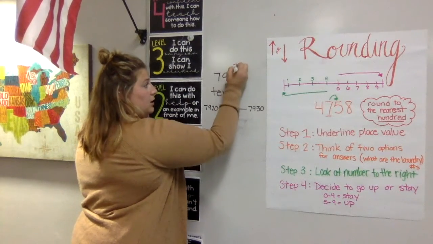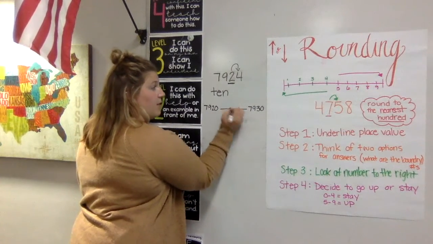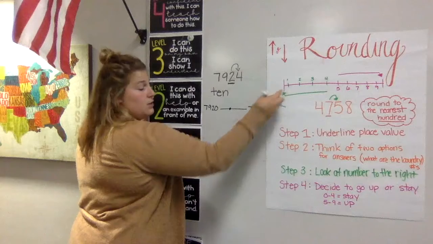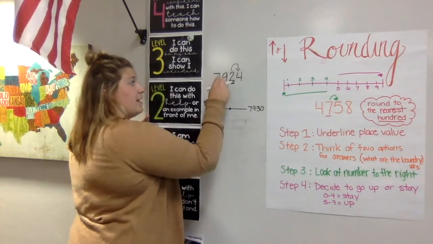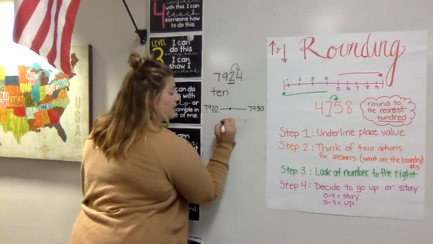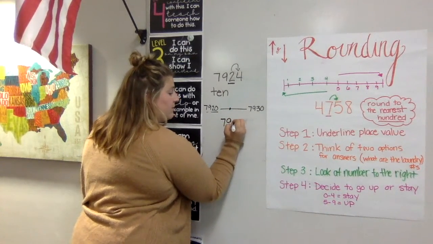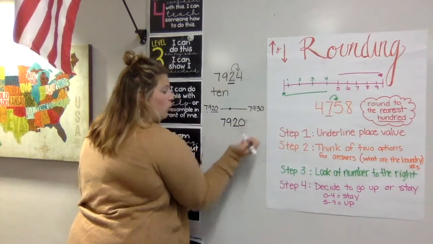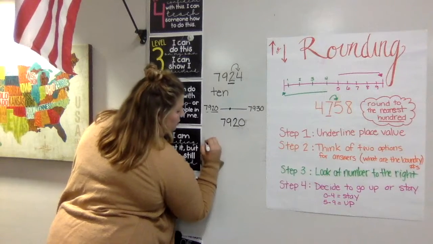Then I look next door. It's a 4. So I know that falls on this side. So that means it's going to stay. So 7,924 rounded to the nearest 10 is 7,920.